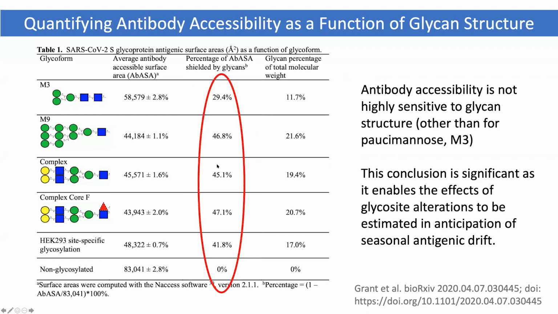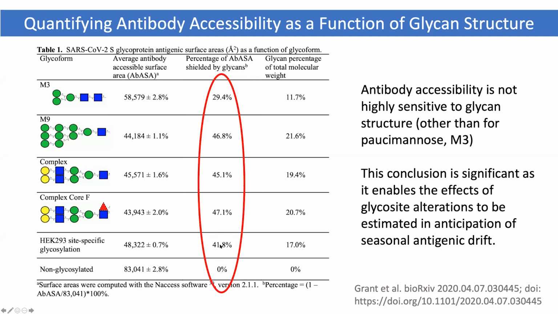What is interesting, to me at least, is that each of these other glycans arbitrarily shield about 40–45%, which is more or less what we get from the detailed analysis of the glycomics. So this is significant because it means that if you want to model glycosylation, or at least the shielding of a protein surface by a glycan, as long as you choose a reasonable sized glycan, you're going to get an answer that's reasonably correct.